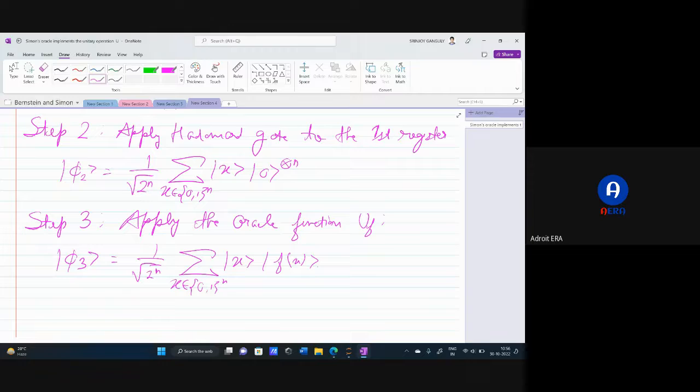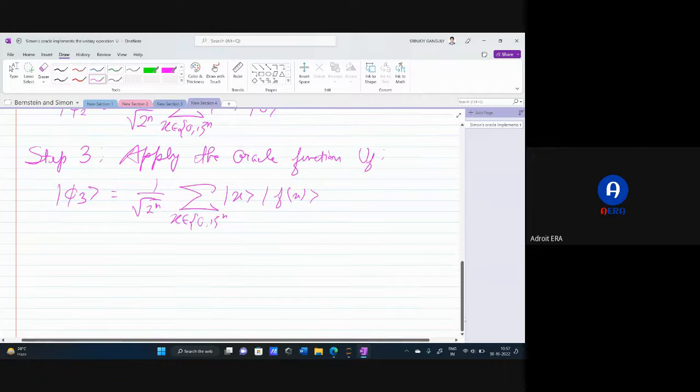If y is equal to 0, you have written it down, right? Simon's oracle implements the unitary operation Uf ket x ket y is ket x, like I gave you the example of the Deutsch algorithm, and then we put y as 0, and we saw that Uf of ket x ket 0 is x comma f of x. So it's the same thing, the formula which we applied. We are just applying it here in step 3. Nothing new.